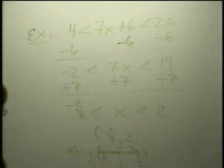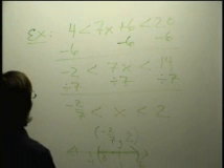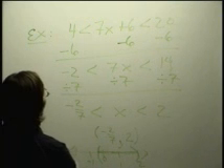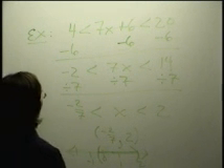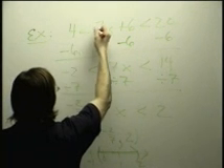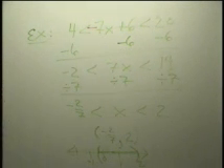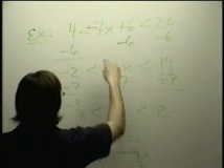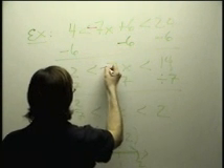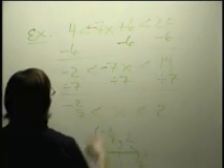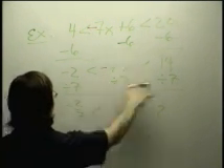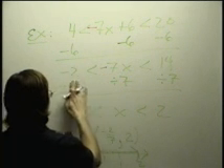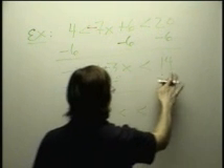Now, what if instead of 4 less than 7x plus 6 is less than 20, what if we had had a -7x? How would this be different? Well, we're still going to subtract 6. We'll just get a -7x here. Now, when we divide, we're going to divide by a -7 because that is our coefficient.